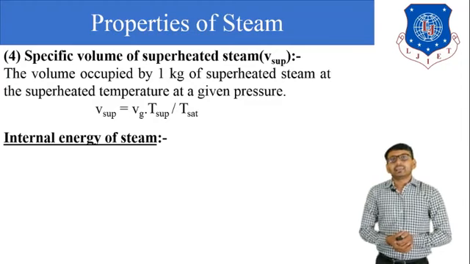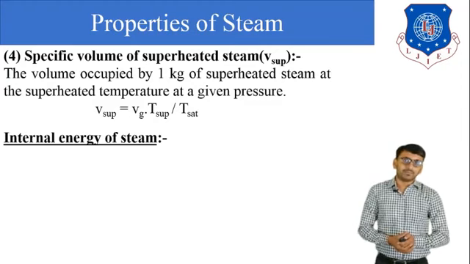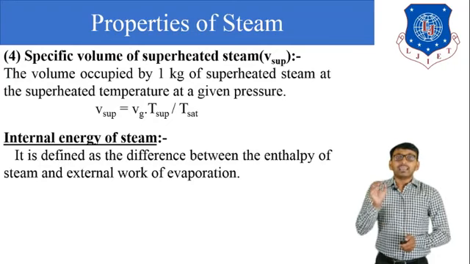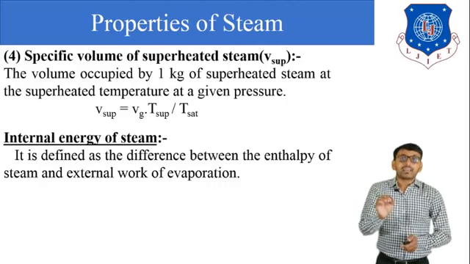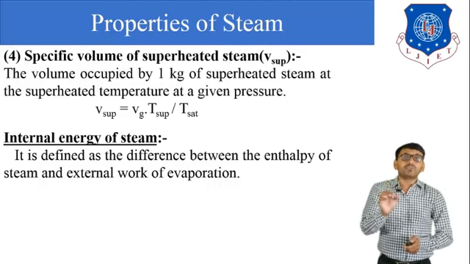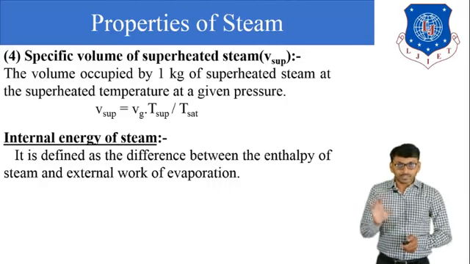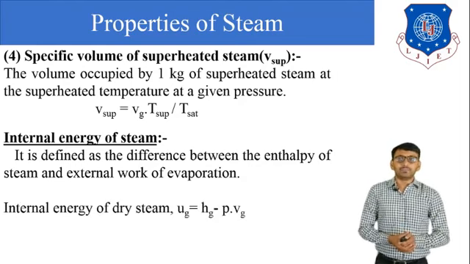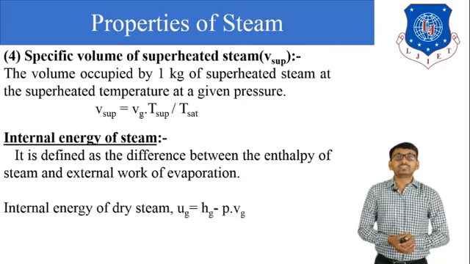Now we discuss internal energy of steam. Internal energy is the difference between enthalpy of steam and external work of evaporation. So the internal energy of dry steam is Ug.